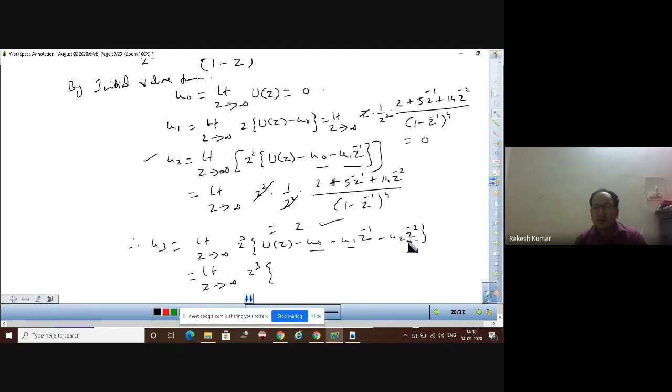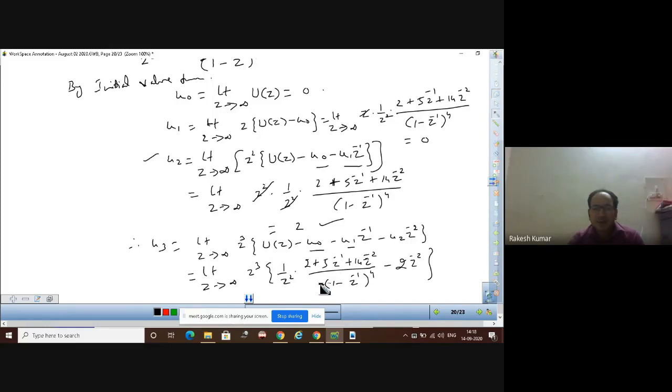So we have 1 over z² times (2 + 5z⁻¹ + 14z⁻²), divided by (1 − z⁻¹)⁴, minus u2, that is 2z⁻².